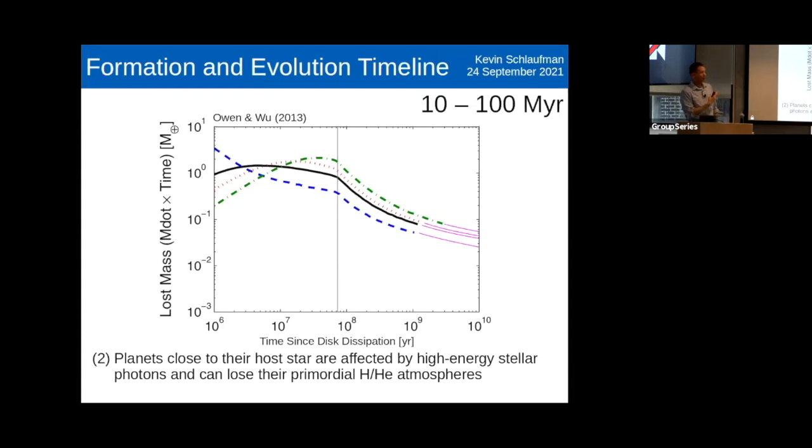And this phenomenon is thought to have been seen very strongly by Kepler, producing the so-called Fulton gap. And so the physics of this process is not yet fully understood, but if one wants to explore it while it's happening, one needs to be able to find planetary systems in this range of age, and then also have reasonable constraints on the ages of the stars to watch this process happen in real time.